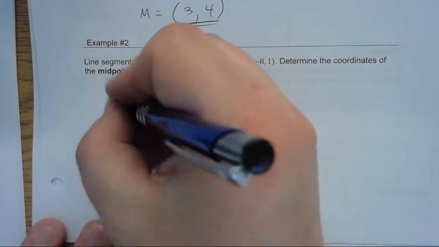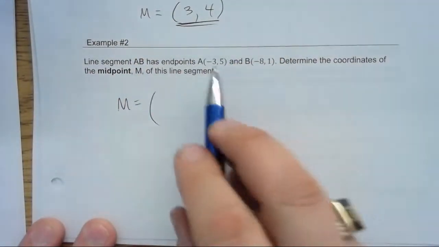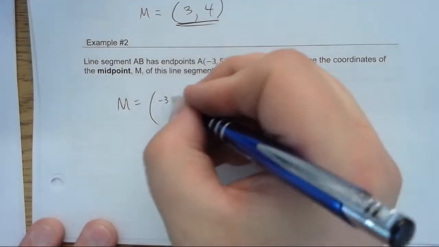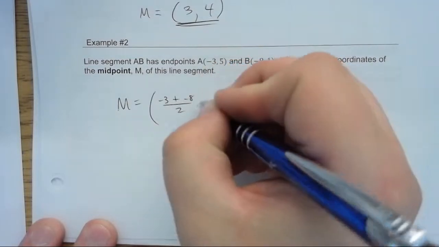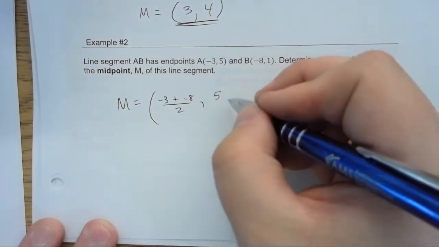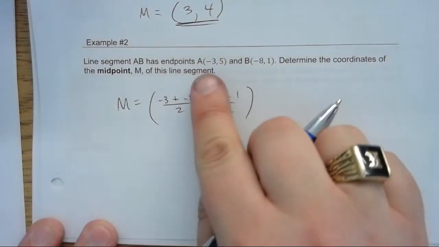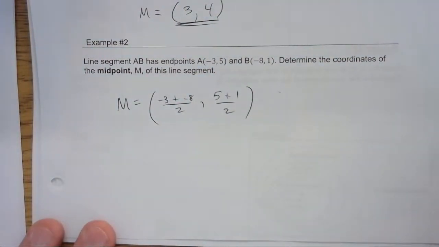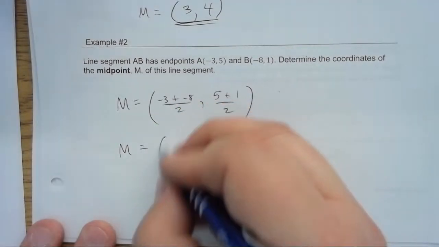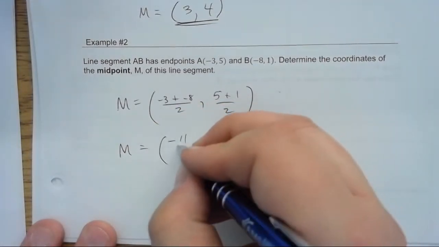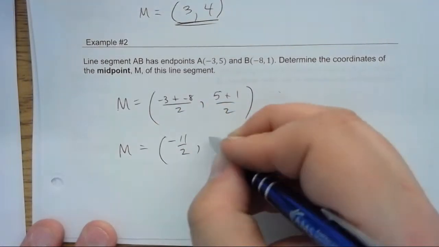So my midpoint here is going to be the average of my x coordinates, -3 plus -8 over 2, and 5 plus 1 over 2. So the midpoint between A and B, I don't even need a graph to look at it, will be -11 over 2, comma, 6 over 2.